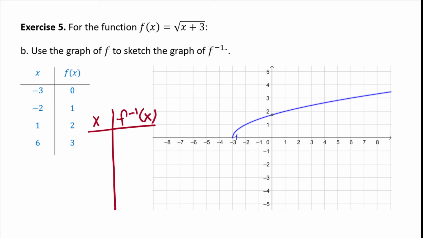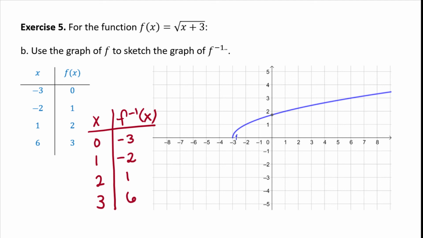So for the x column for the inverse, I'll pick the numbers 0, 1, 2, and 3. And for the output of the inverse function, I'll pick the input values for the original function, which will be -3, -2, 1, and 6. Let's plot those ordered pairs.